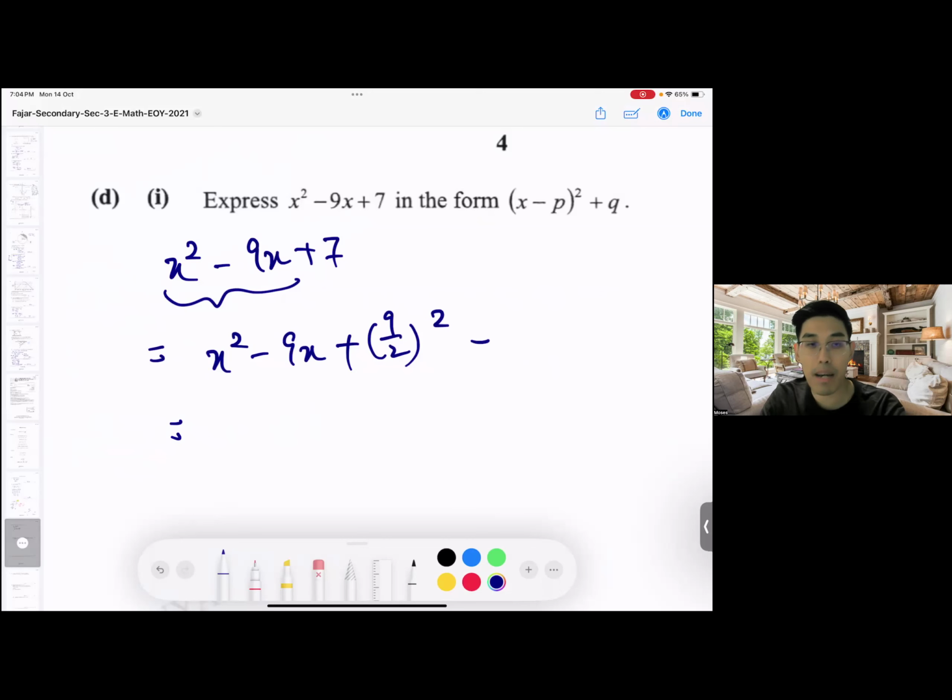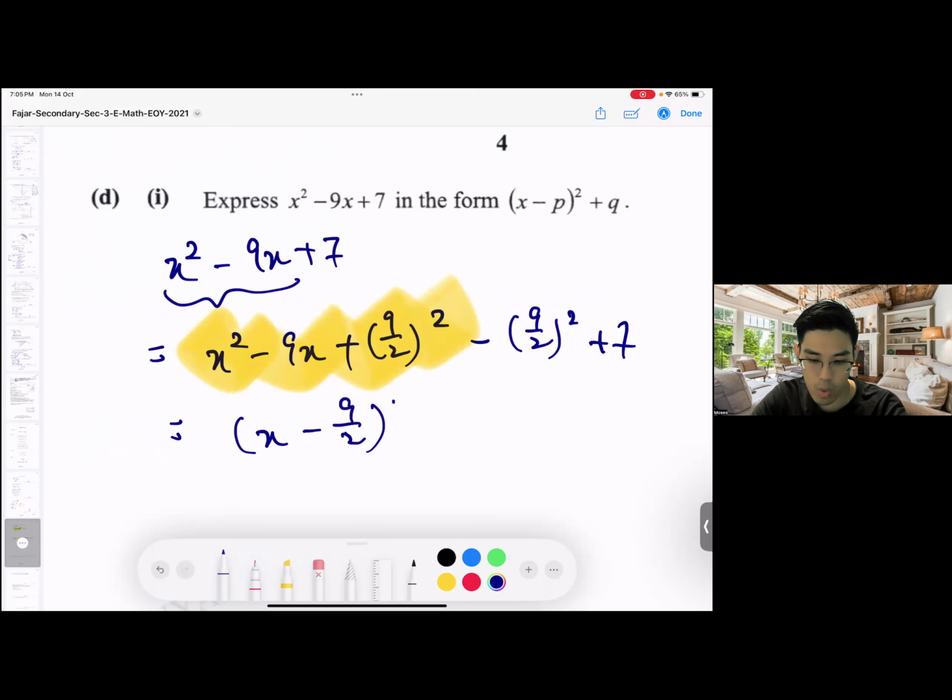But by creating this new term, I need to create a negative of the term to neutralize the value. So this term will become my x minus 9 over 2 squared. Then I have 20.25, or we can write 20 and 1/4, plus 7.